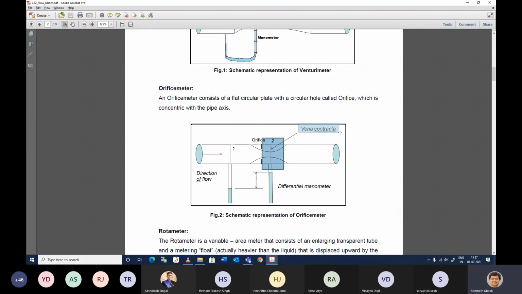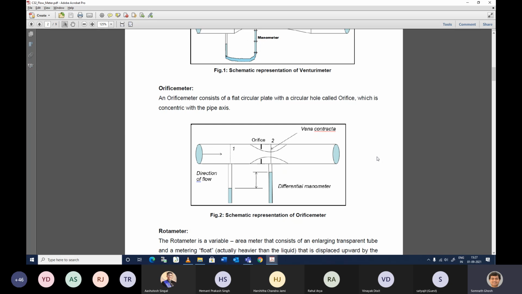Vena contracta is the minimum cross section of the flowing fluid after the orifice, in the downstream. You can see there is an opening area in the sketch. There will be a wake formation, and due to this wake formation, it will have an enormous pressure drop inside this orifice meter. That is also one of the drawbacks of the orifice meter.